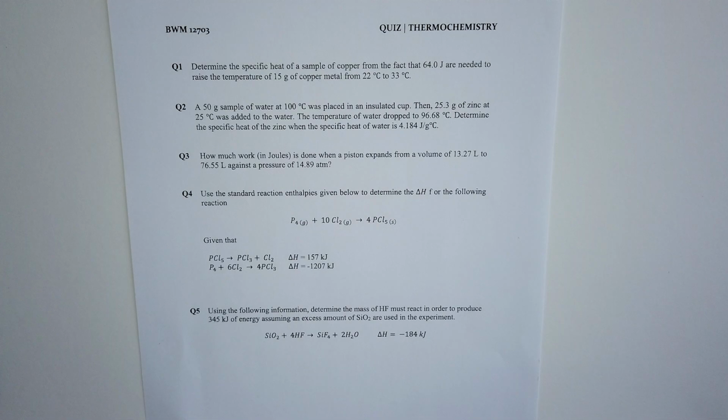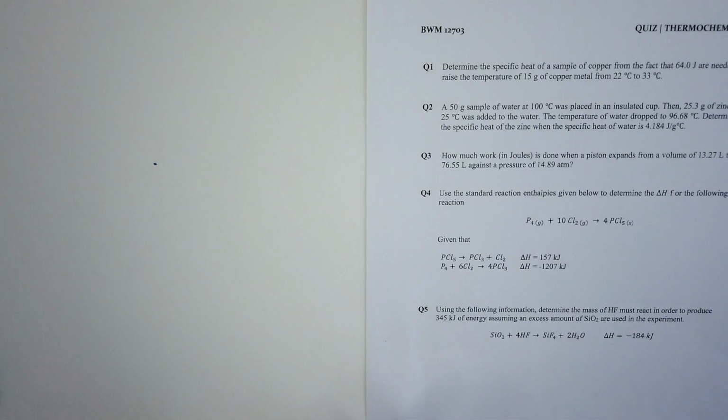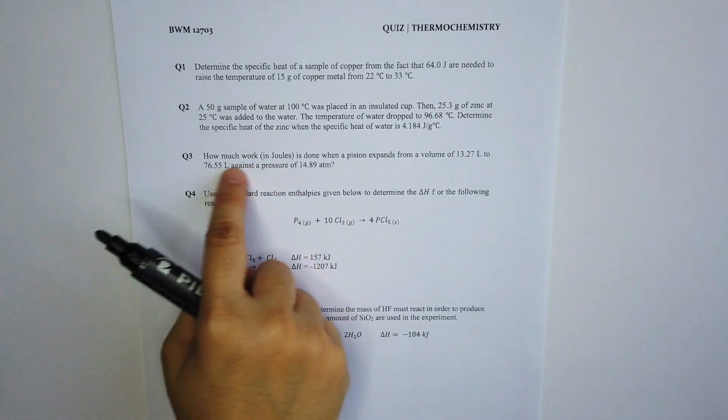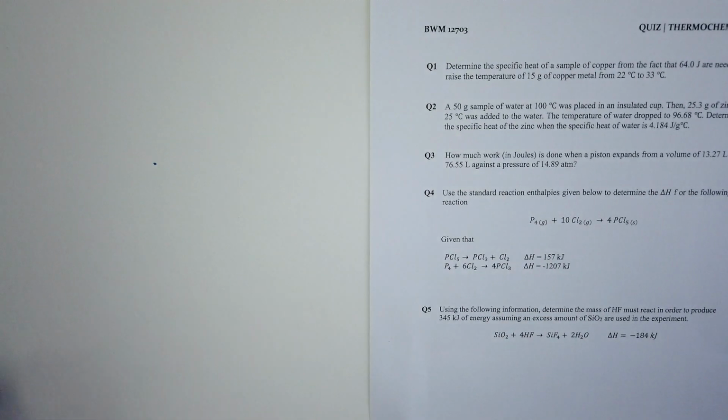Moving on to question number 3. How much work in joule is done when a piston expands from a volume of 13.27 liter to 76.55 liter against a pressure of 14.89 atm? This is a rather straightforward question, because the question already asks for work, so there's no other formula you can use.